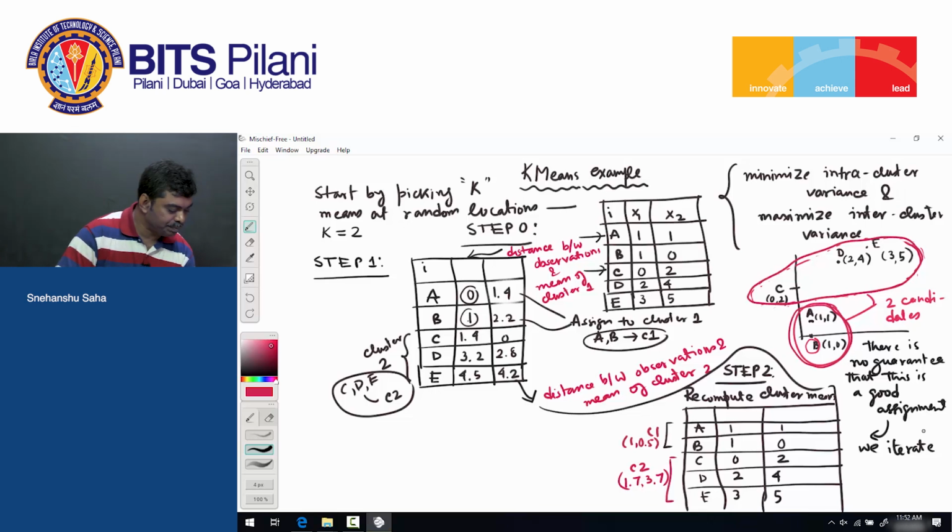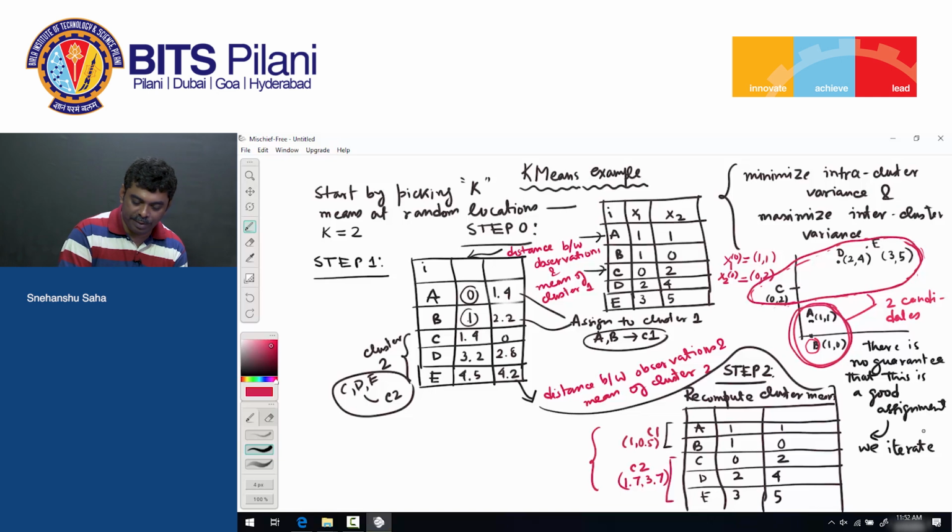Probably what I should do is write a record of it somewhere. So let's say x1 0 and x2 0, implying the cluster means at step 0 are 1, 1 and 0, 2.